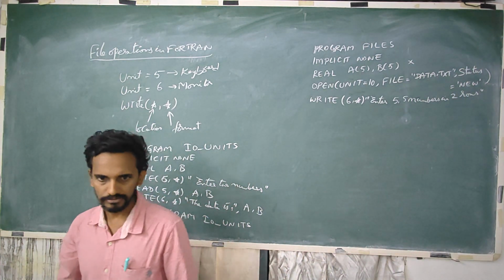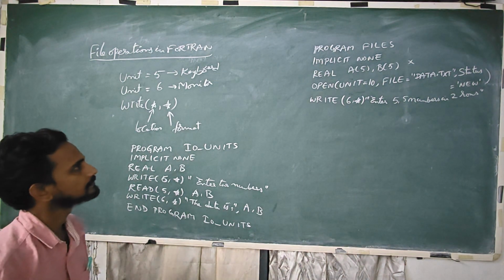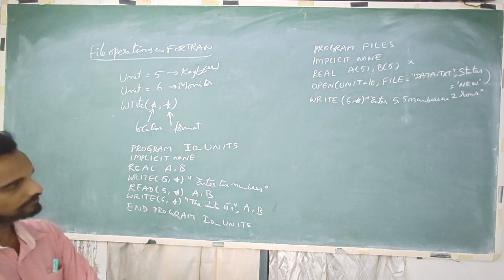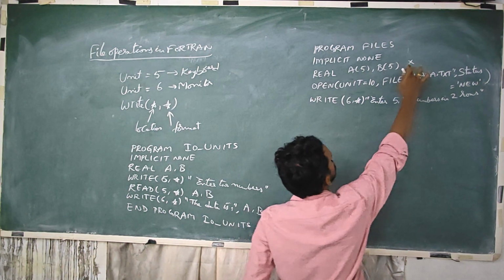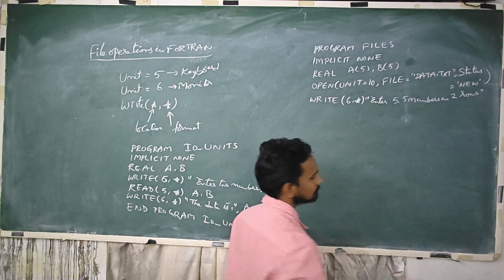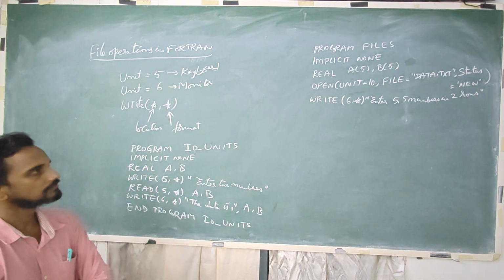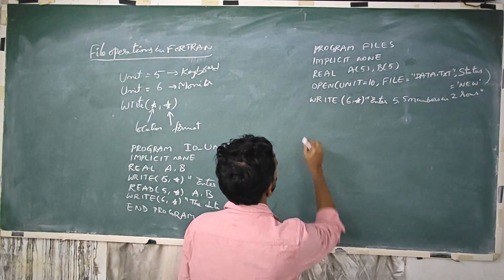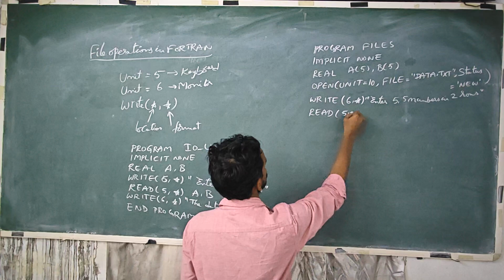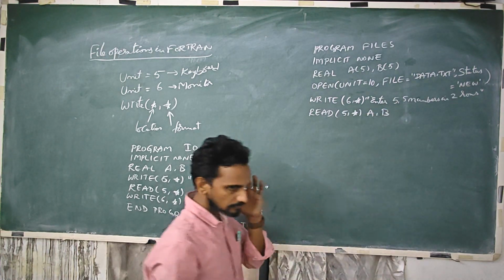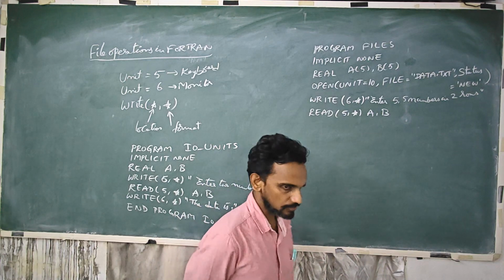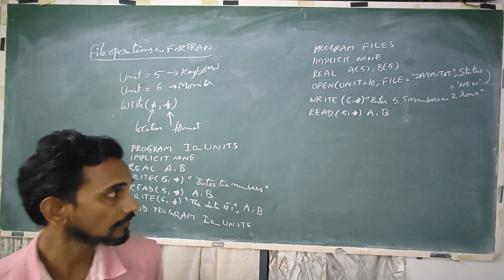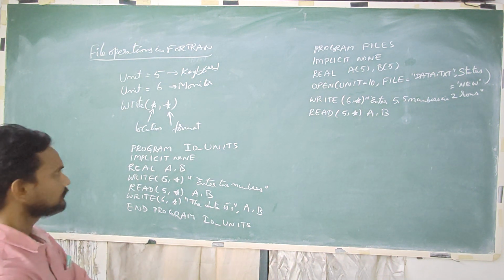Enter 5 numbers in 2 rows. So the first 5 will be stored in array A and the next 5 numbers will be stored in array B. Now I'd like to write them into the file.